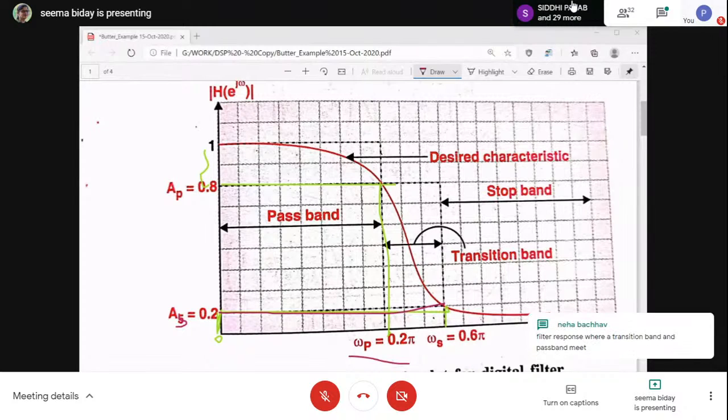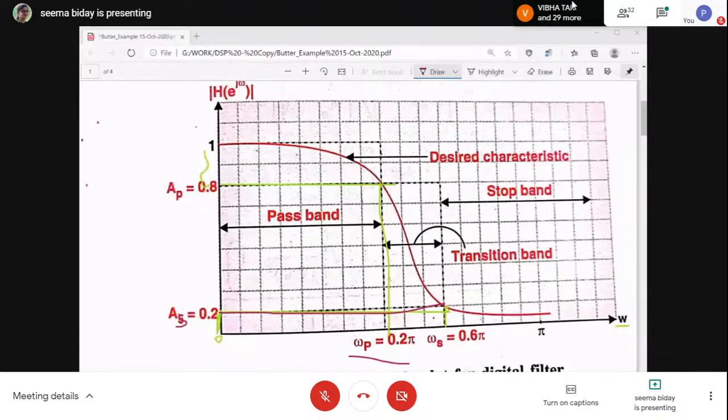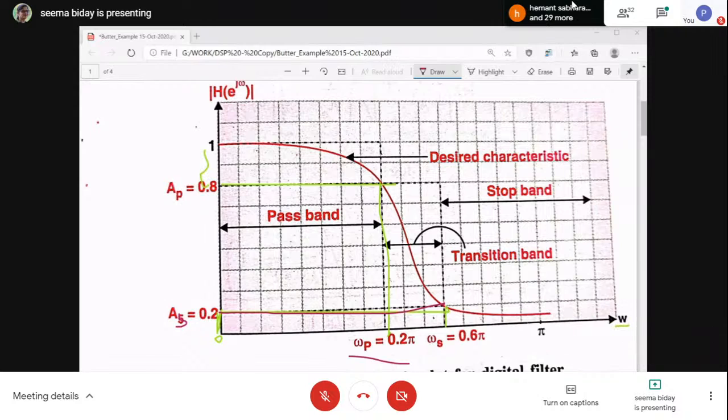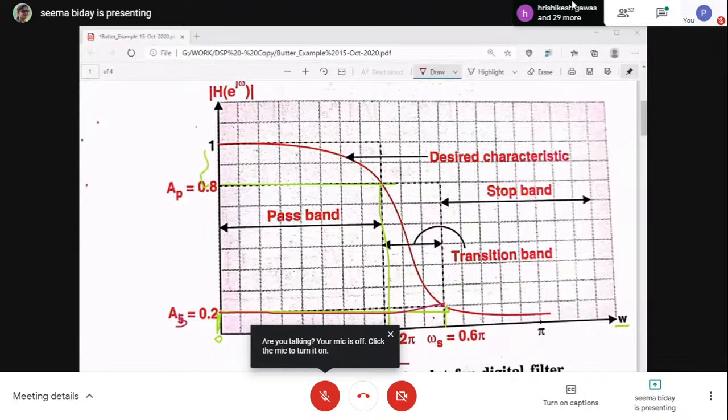Write down the answer. Filter response where a transition band and pass band meet. No. See, cutoff frequency will lie between transition band and pass band. Cutoff frequency is the frequency beyond which the filter will not pass the signals. 3 dB, correct. Attenuation is 3 dB.